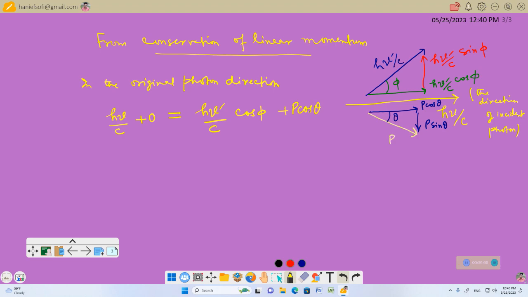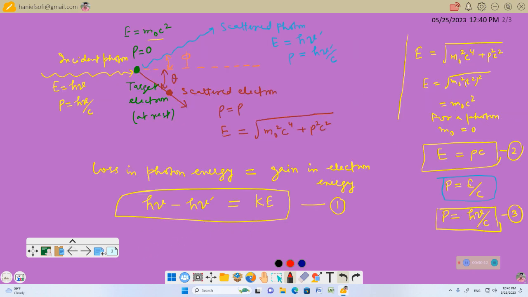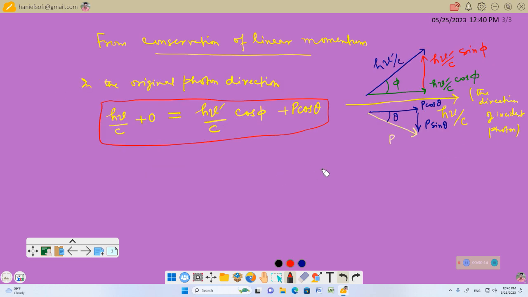So we have used momentum conservation in the original direction of the photon. Let me name this equation 4.